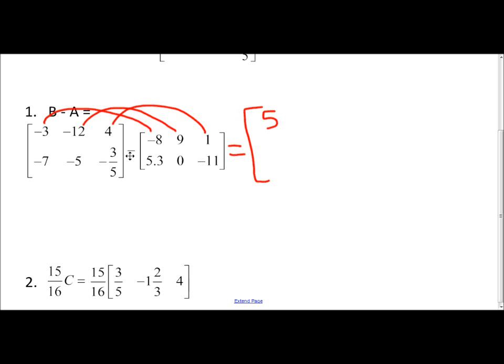Negative 12 minus 9 is negative 21, and 4 minus 1, 3. Negative 7 minus 5.3. If I'm at negative 7, I'm moving 5.3 more in the negative direction. That's a negative 12.3. Negative 5 minus 0, just negative 5.